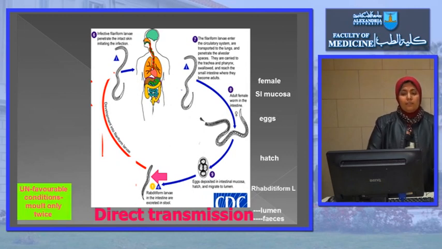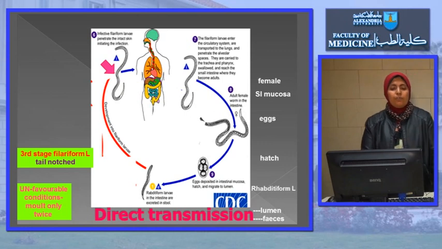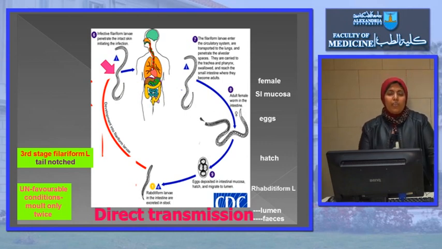When they descend into the soil, if conditions are unfavorable, they will directly change by molting twice into the third form, filariform larvae, and they will wait for a human to pass by in order to penetrate their skin.